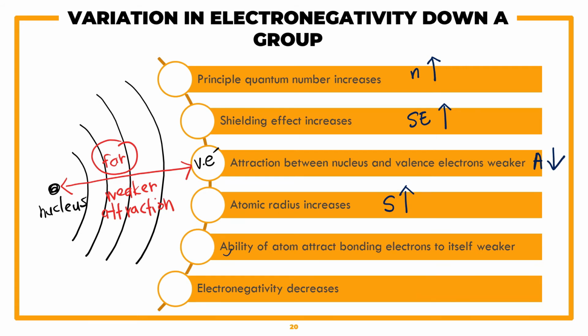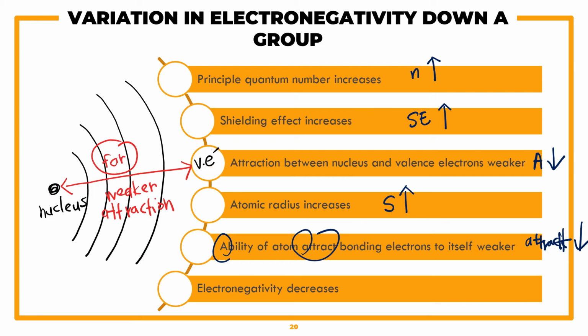So now, the ability of the atom to attract bonding electron to itself will be weaker. Why is it weaker? Kerana kedudukan nucleus dan valence orbital adalah jauh. When far, these electrons have less tendency to attract the valence electron and also the bonding electrons to itself.